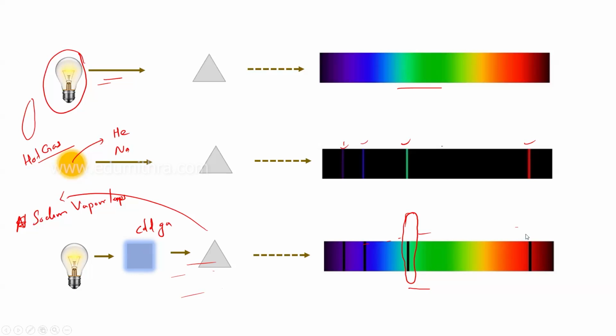You see some missing places here. This is one missing line, and another missing line. Where does this light go? Those particular colors are absorbed by the cold gas. So the gas inside this container will absorb those specific colors, and which of those lines are absorbed depends on what is inside this box.